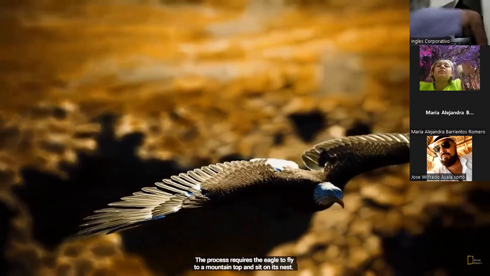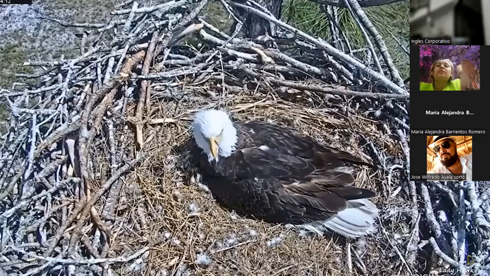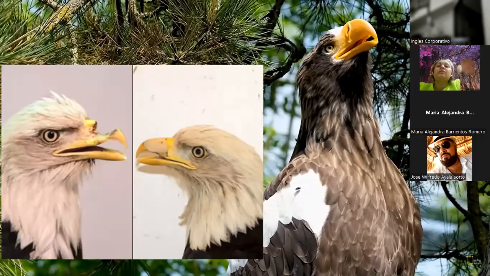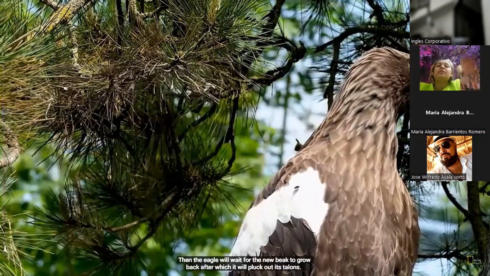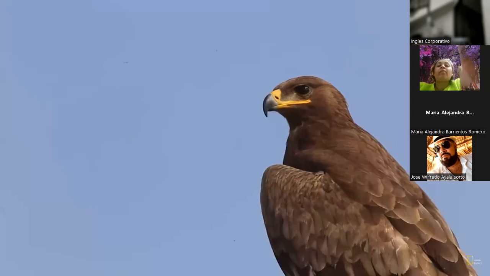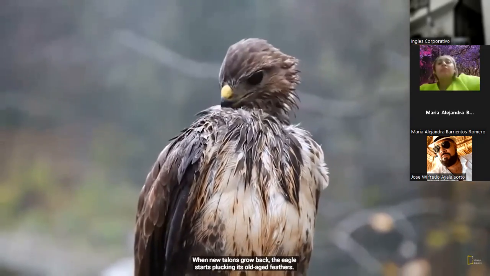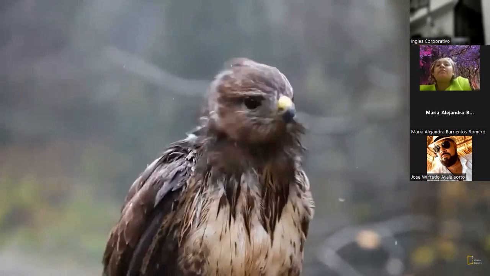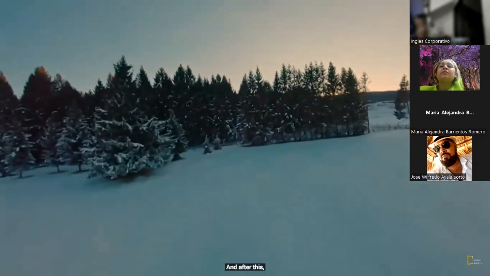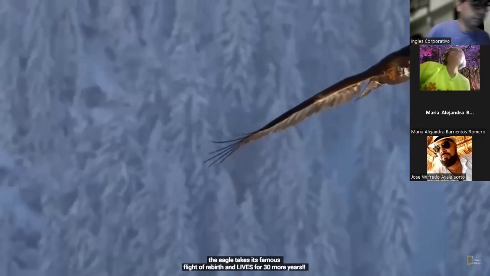The process requires that the eagle fly to a mountaintop and sit on its nest. There, it knocks its beak against a rock until it plucks it out. Then the eagle will wait for a new beak to grow before it plucks out the talons. When the new talons grow back, the eagle starts plucking its thick, heavy feathers. And after this, the eagle takes its famous flight of rebirth and lives for another 30 years.